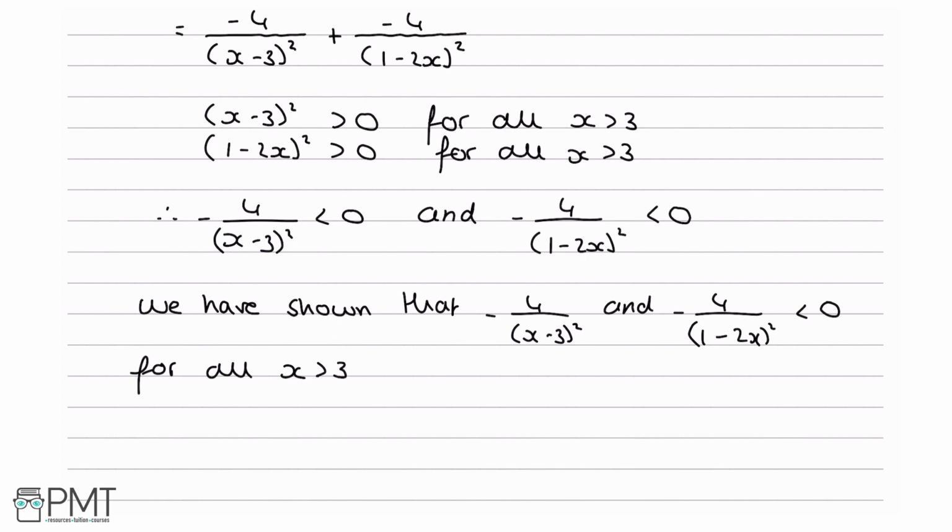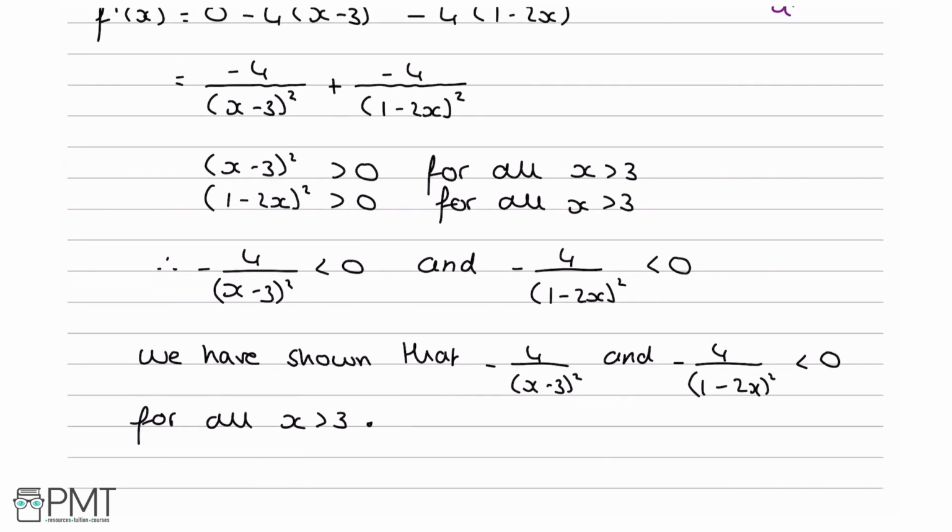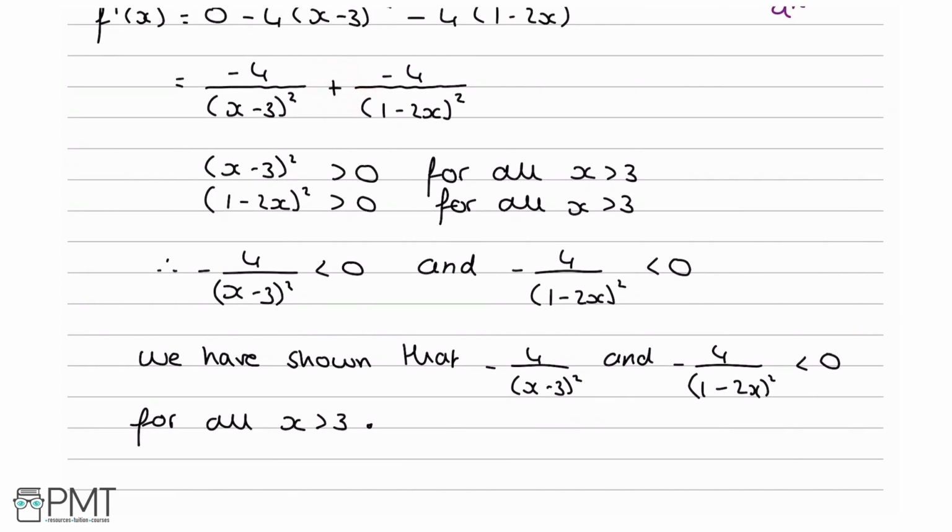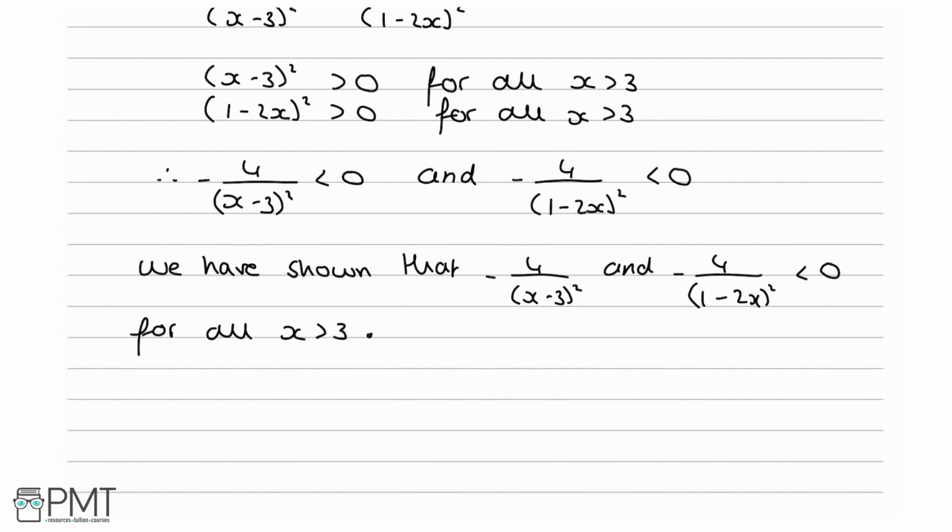So that's the first point we need to make explicitly clear to the examiner, that we have shown that the fractional components are negative. What we need to say then, and this is why I wrote addition in when I converted them back into fractions, is that the derivative of f(x) is the sum of two negative numbers.